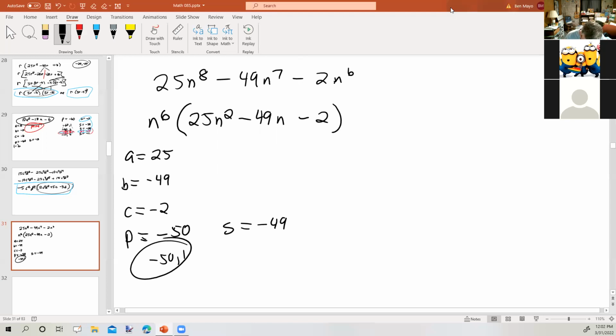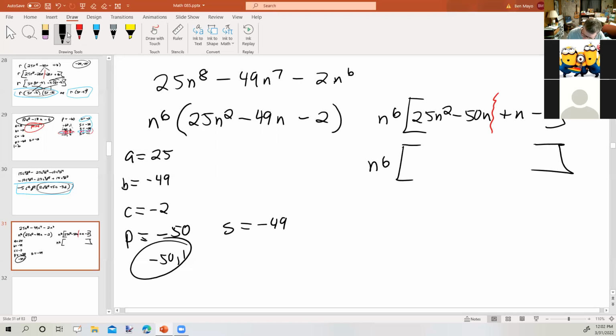So I'm going to rewrite this as n to the 6th times 25n squared minus 50n plus 1n minus 2. Try to factor by grouping. n to the 6th.